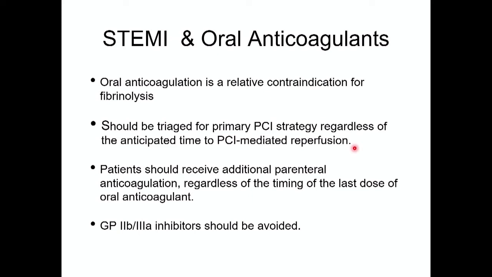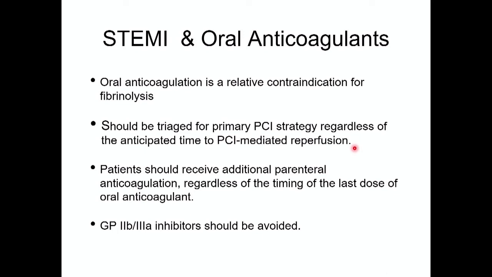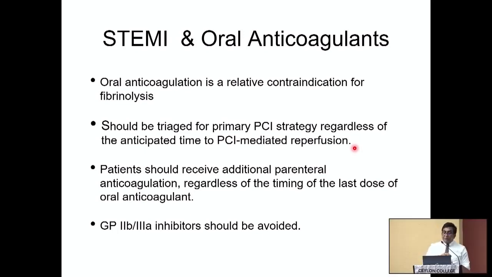Patients should receive additional parenteral anticoagulation regardless of whether they are on anticoagulation. So even if they are on anticoagulation, you have to give heparin during the procedure, otherwise they can get thrombus. Glycoprotein IIb/IIIa inhibitors are avoided because of high bleeding risk.